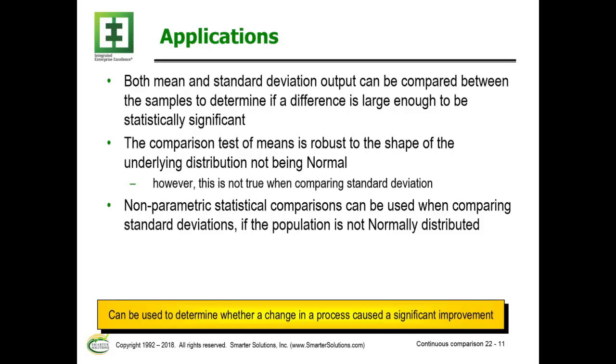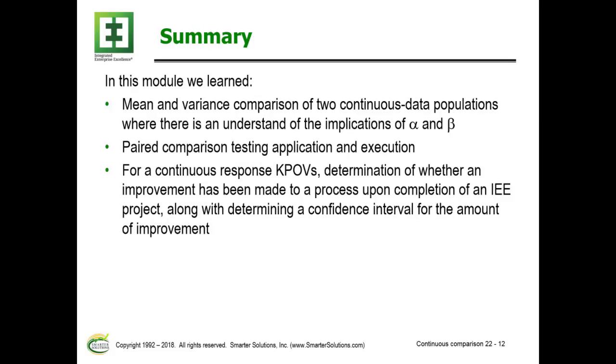You can use non-parametric statistical comparisons when comparing standard deviation if the population is not normally distributed. So in this module, we learn the mean and variance comparison of two continuous data populations, with an understanding of alpha and beta, and comparison testing application and execution.